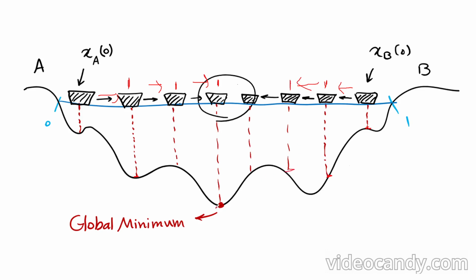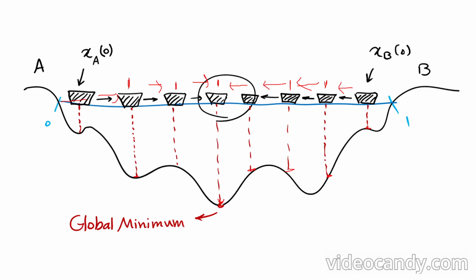This value is still lesser compared to A, so it will again move forward, and this is still lesser compared to A, so it will again move forward till it reaches the same point as A. Then both A and B, which are the particles going in a one-dimensional space while measuring the depth of the lake, which is the function value, reach the same point.